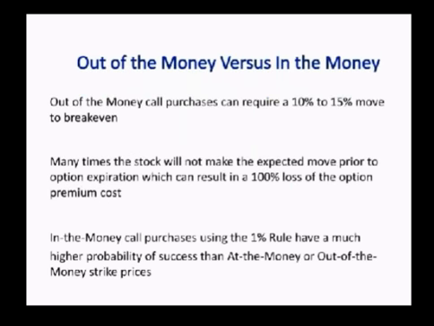And again, when you use this 1% rule, it'll be a much higher success rate than buying at the money or out of the money calls that require a 10 to maybe even 15% move in the underlying stock just to break even. A lot of times that's not going to happen and you're going to lose 100% of your option premium.